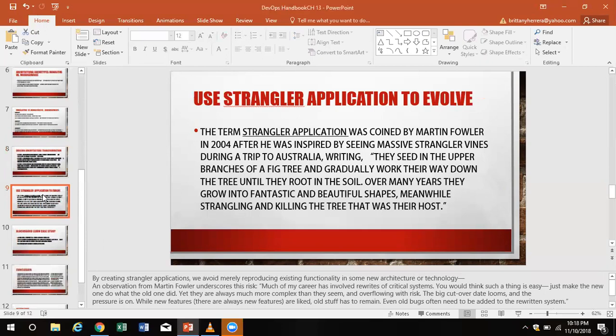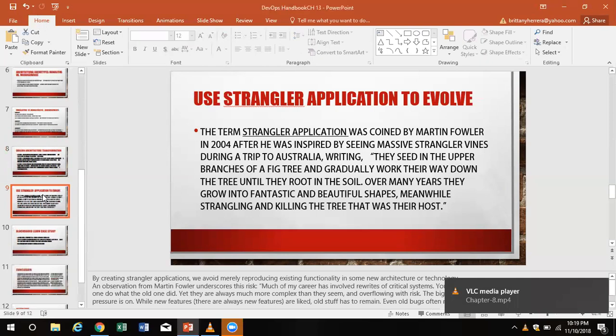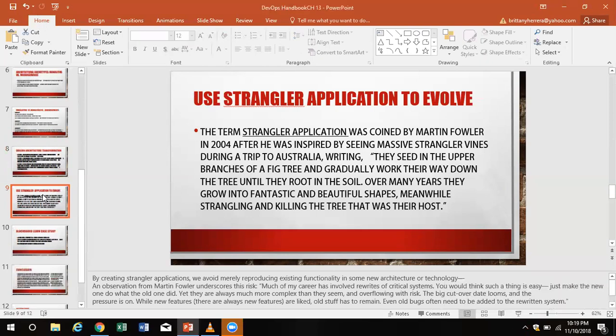Use a strangler application to evolve. The term strangler came from Martin Fowler, who was inspired after he saw strangler vines on a trip to Australia. He said they seed in the upper branches of the fig tree and gradually work their way down the tree until they root in the soil. Over years, they grow into awesome things.